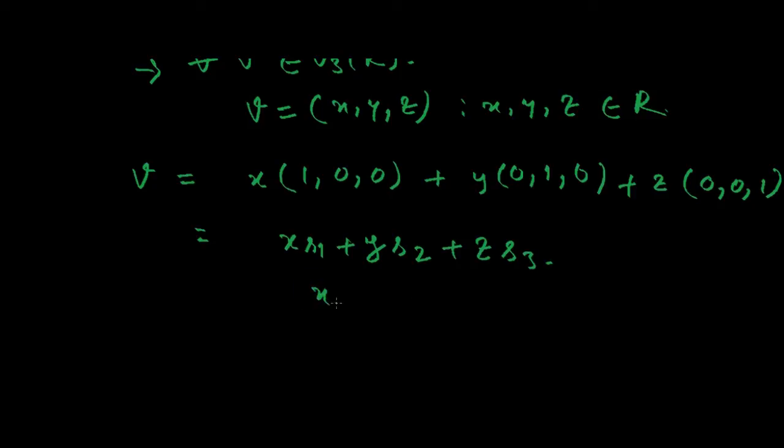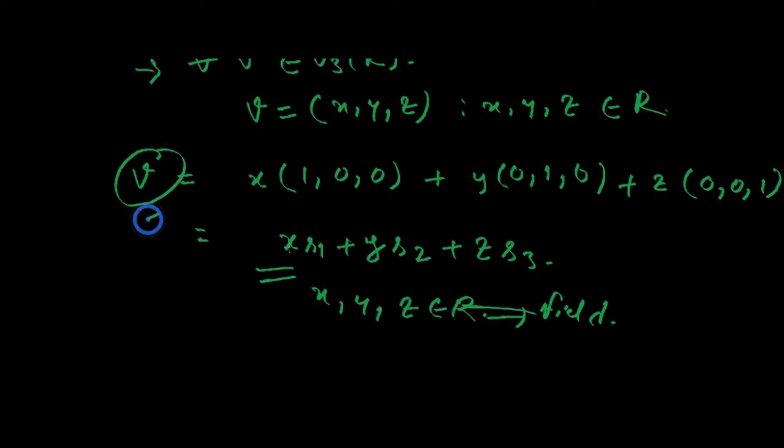And x, y, z belong to real numbers, so this is the field R. Okay, so you can see that this is a linear combination. This general vector can be written as a linear combination of the elements present in S. So the second condition for S to become a basis is satisfied.